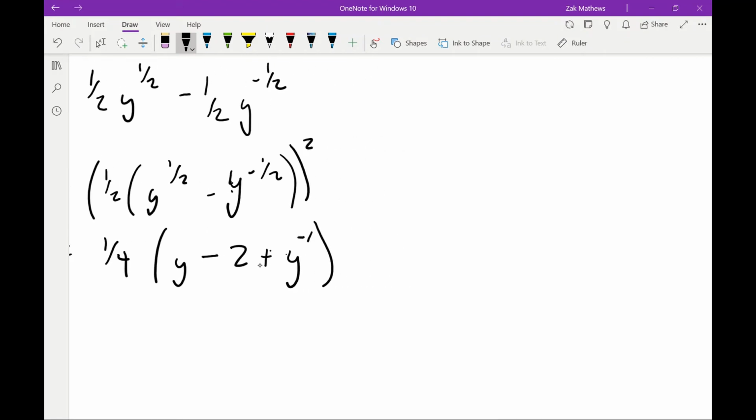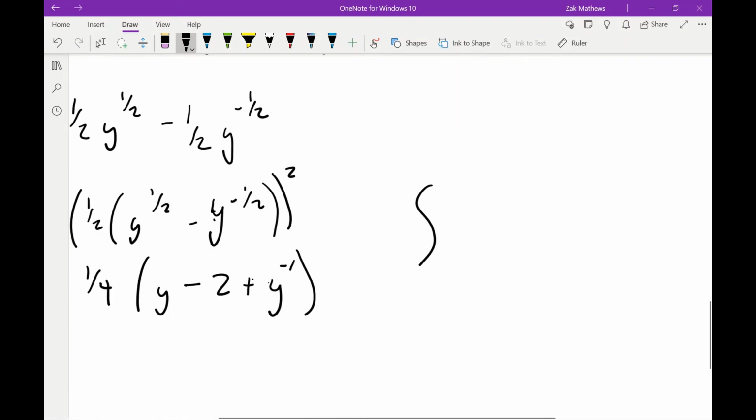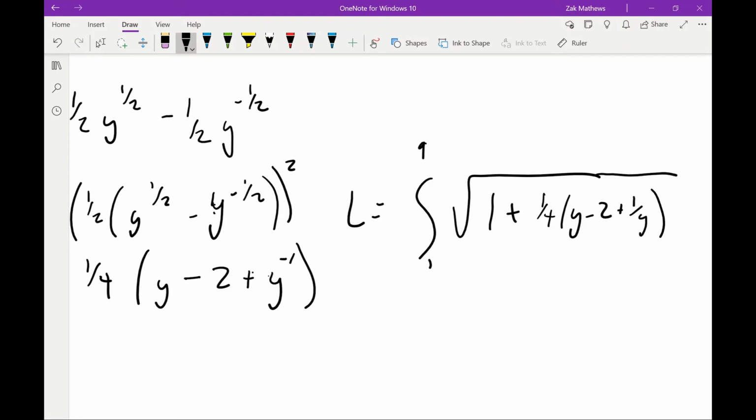So let's go ahead and set up our integral. We were integrating from 1 to 9, or we're finding the arc length from 1 to 9. We have the square root of 1 plus our equation, we had 1/4 times y minus 2 plus 1 over y, dy.